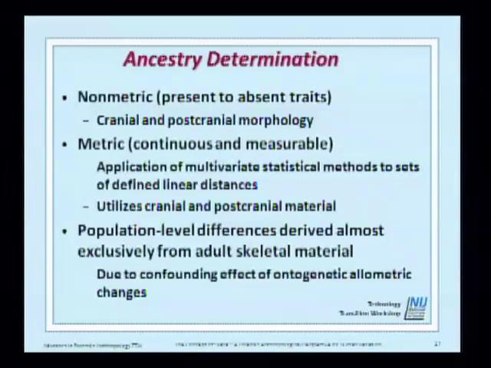And then we apply those lists of measurements to multivariate statistics to allocate crania to a distinct group. We can look at population level differences, which is almost exclusively derived from adults, so anybody over the age of 18, 19 is usually what we use in our samples.